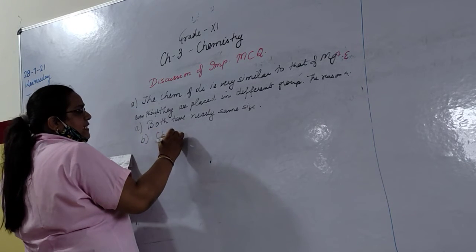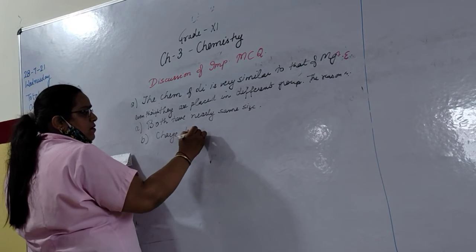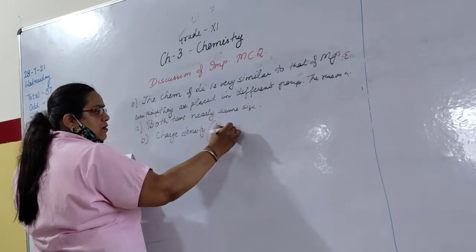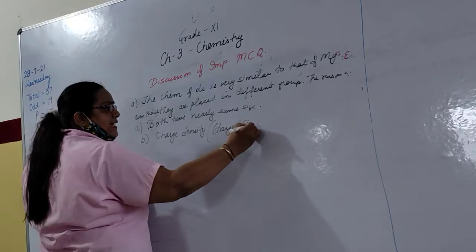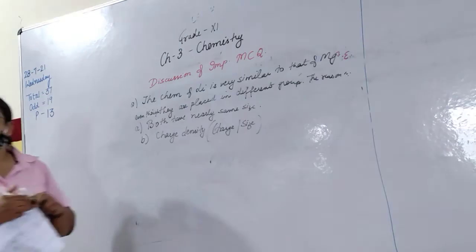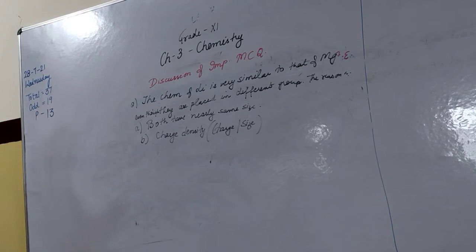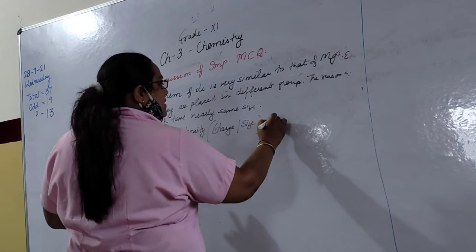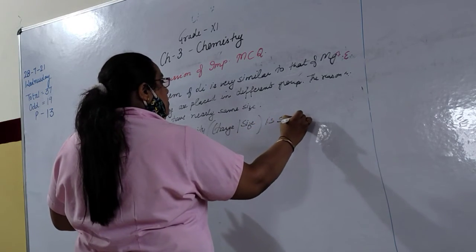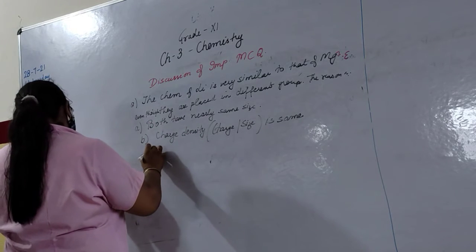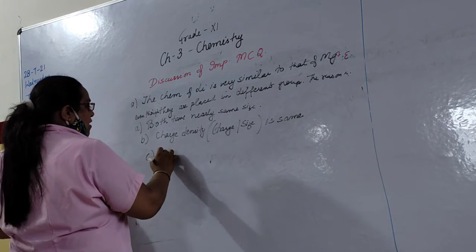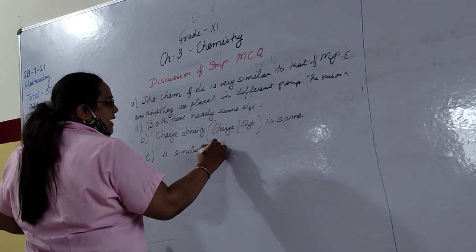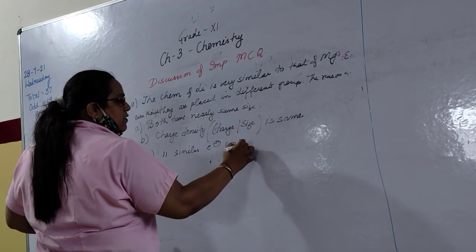Their charge density, that is charge over size ratio, also known as polarizing power, is the same. They also have similar electronic configuration.